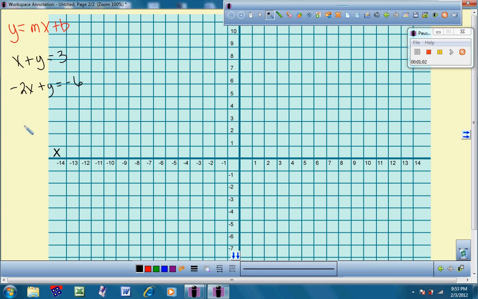First equation, I'm going to subtract out the y, and you will have y is equal to negative x plus 3. Second equation, we're going to add out the 2x, and we would get y is equal to 2x minus 6. Right, here are the two equations that we are going to work with.